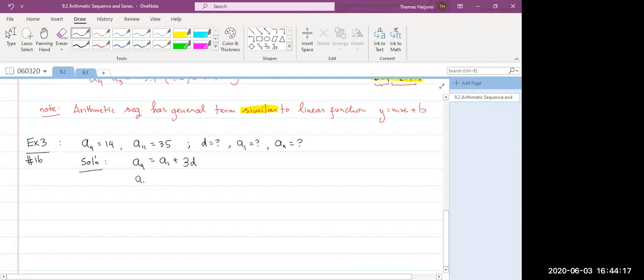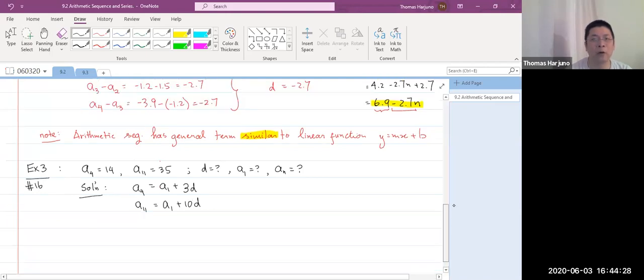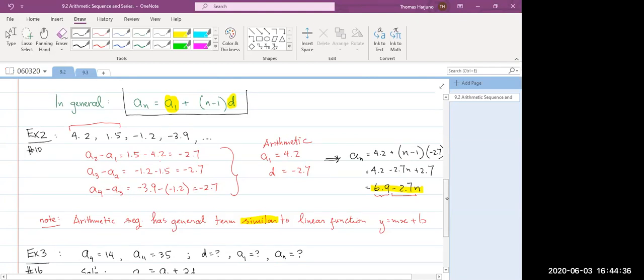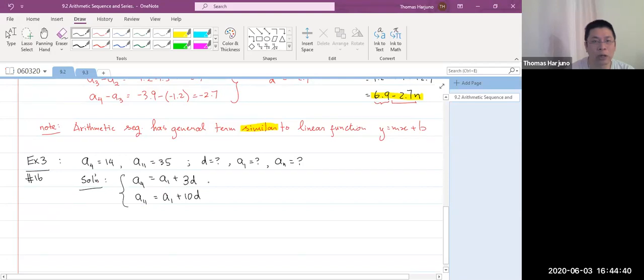Okay, and the 11th term will be the first term plus 10 times d, right? I take it from here. That's what I did. I basically plug in n equals 4 and n equals 11.